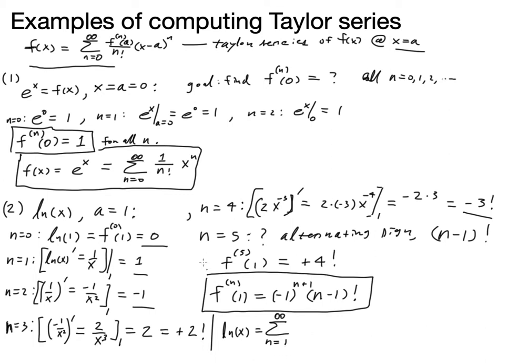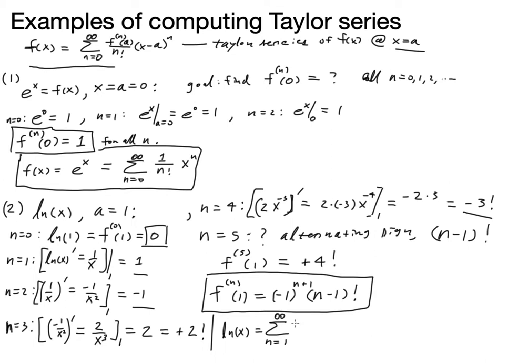The reason I'm starting at 1 is notice that the n equals 0 case has a 0 value, so I don't need to add that first term in there. I can start at n equals 1 instead of 0.